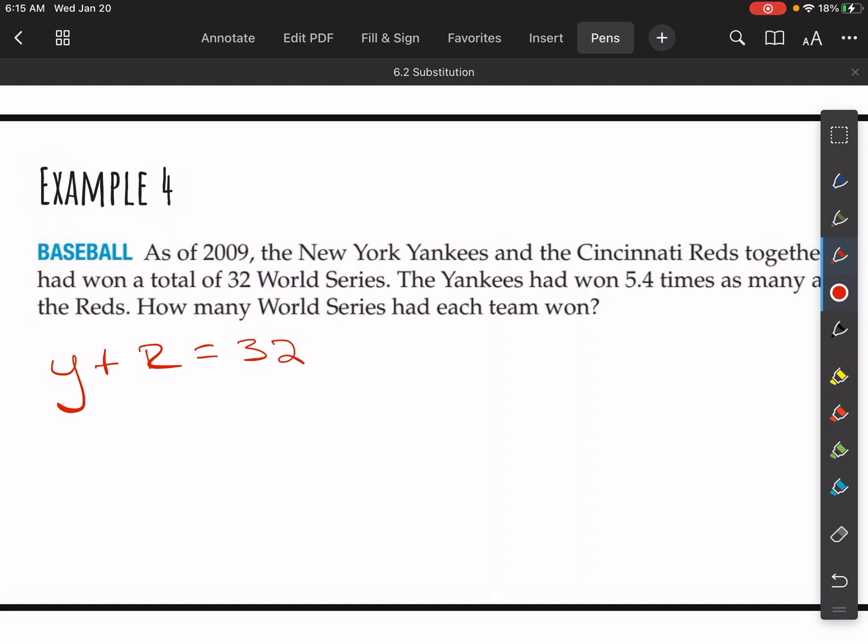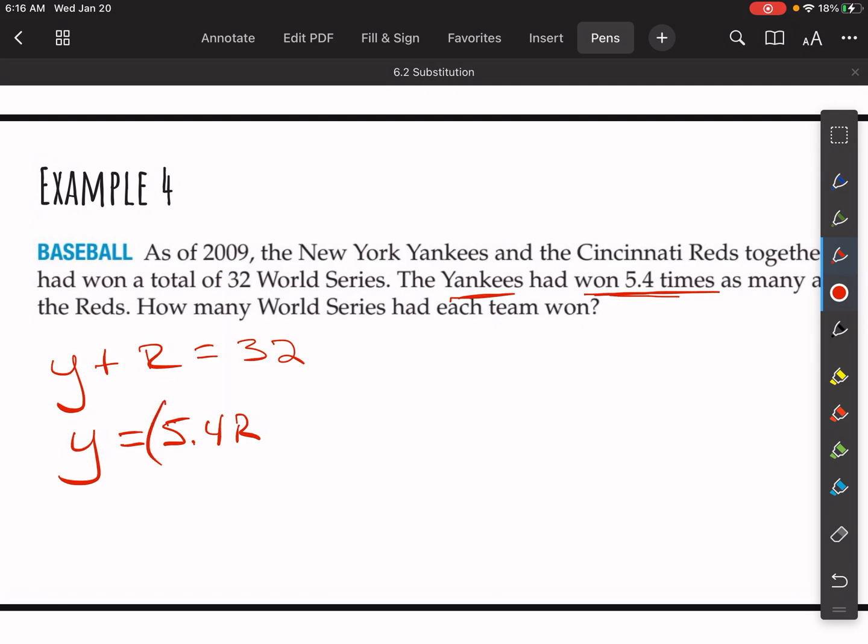Then we know something about the Yankees, right? The Yankees won 5.4 times as many, so I could say the Yankees wins are equal to 5.4 times the Reds wins. That's kind of how you would set up a problem like this.